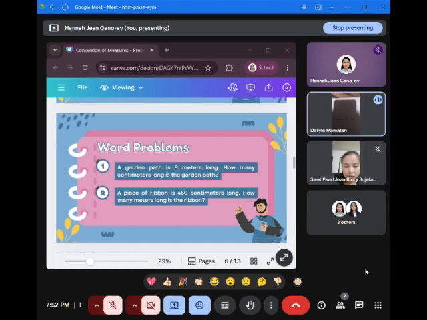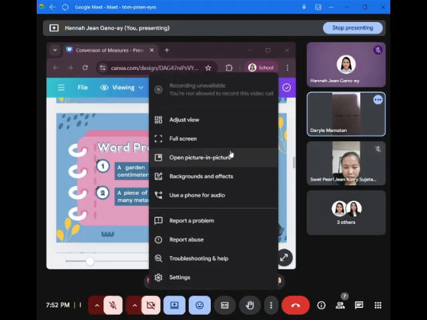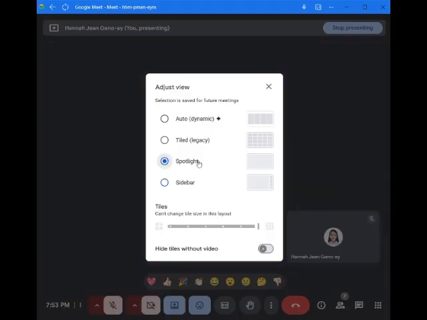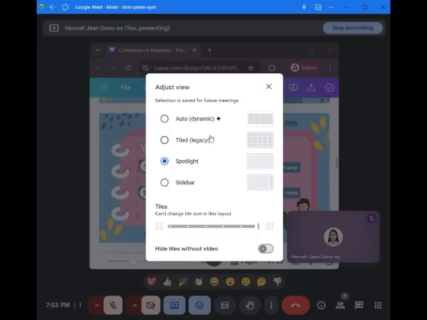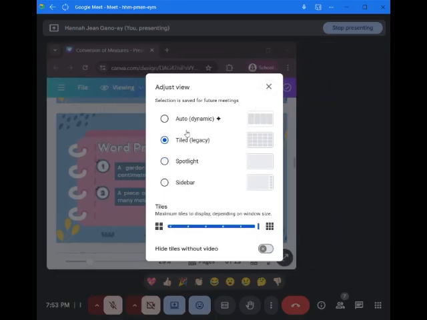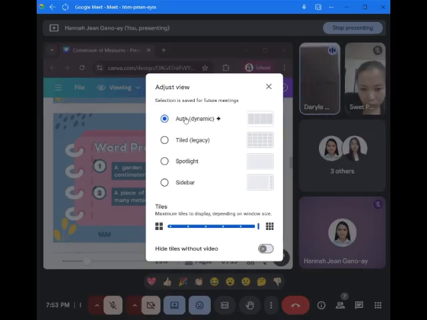So for word problem number 1, a garden path is 8 meters long. How many centimeters long is the garden path? So 8 meters times 100 equals 800 centimeters. So why do we multiply the 8 meters by 100?